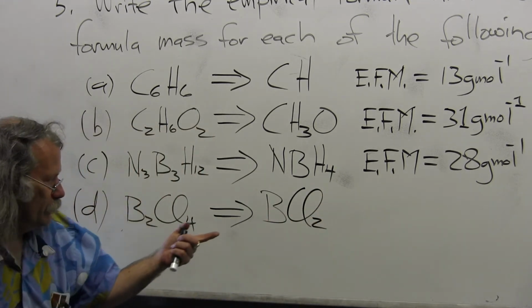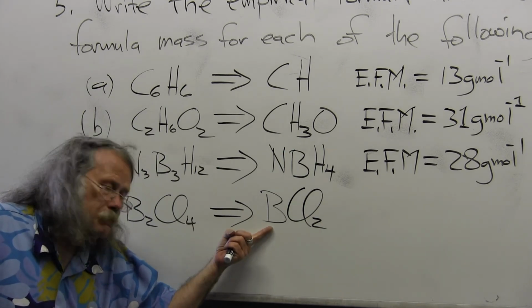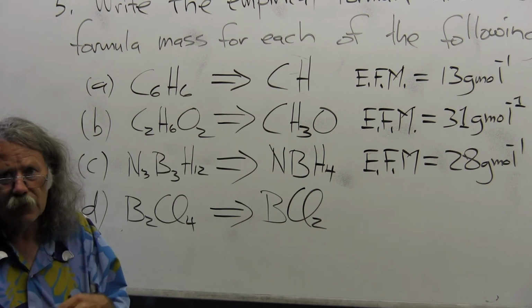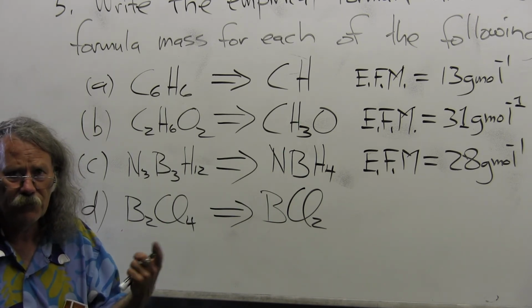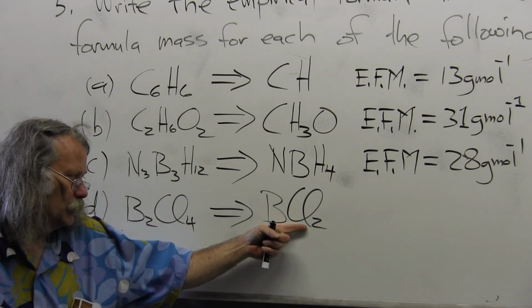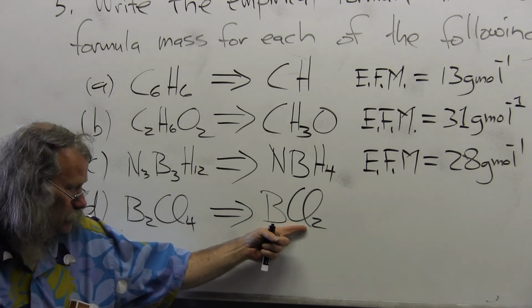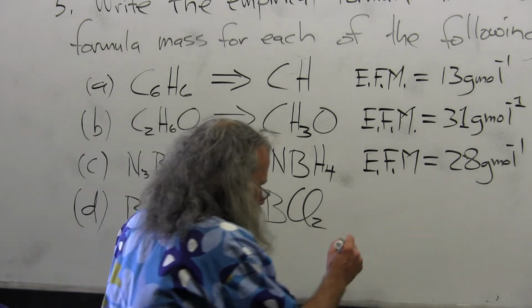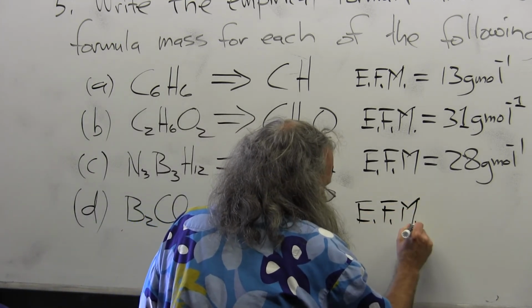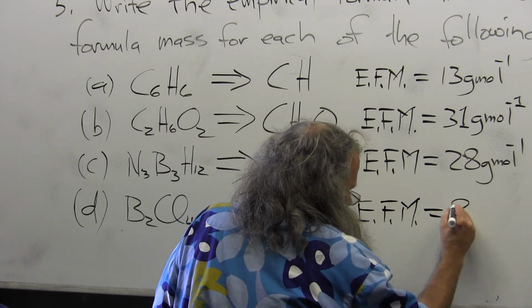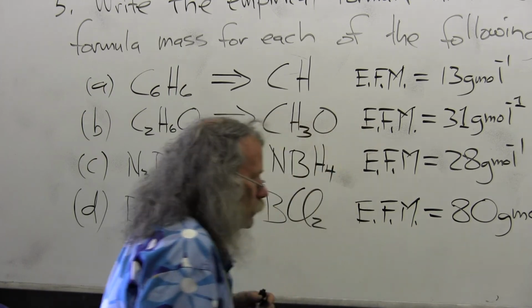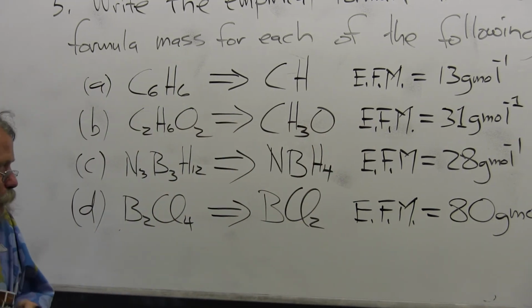And now for the empirical formula mass. 10 plus, now chlorine has an atomic mass of 35 point something. So 35 times 2 is 70, plus 10 is 80. So empirical formula mass is 80 grams per mole.